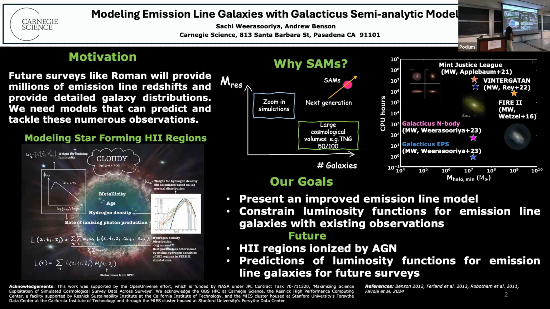So here we are presenting a model for star-forming regions, H II regions, using Galacticus. And in the future, we hope to incorporate H II regions ionized by AGN and also do predictions for Roman.